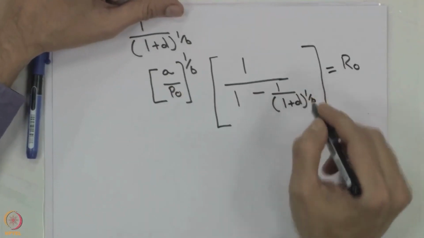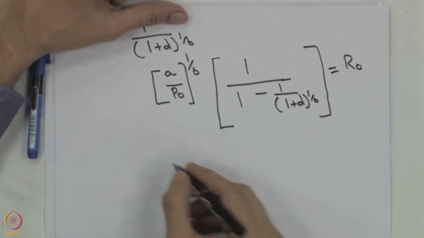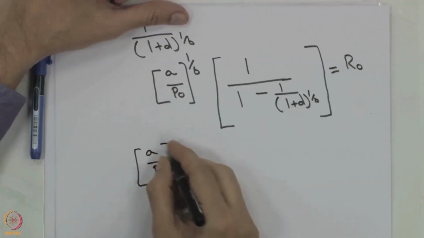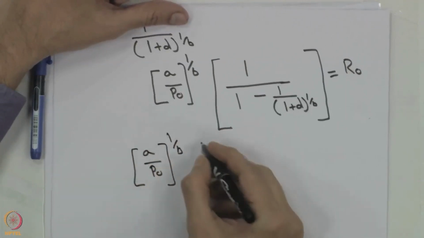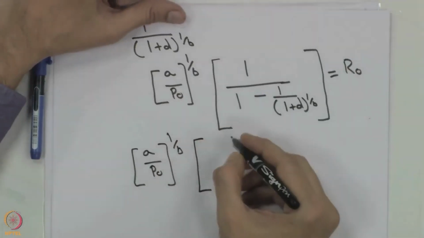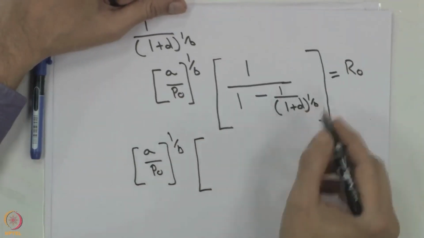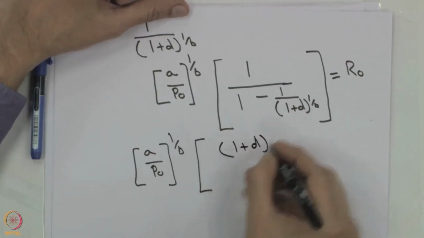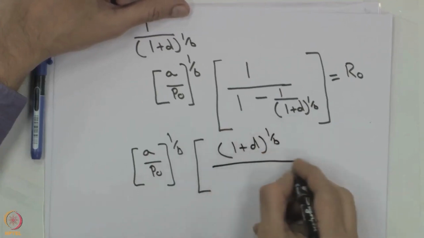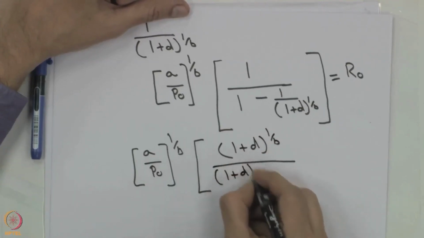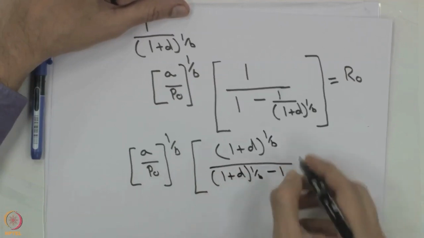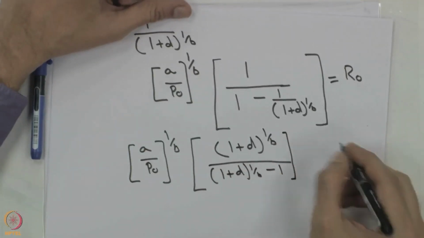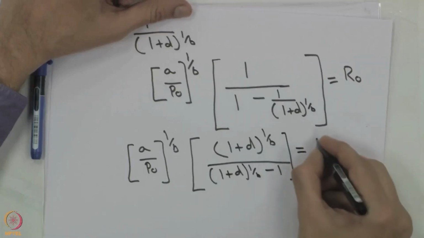So, what this would mean is that we can take A by p0 raised to 1 by B, and multiply by (1 plus d) raised to 1 by B, divided by (1 plus d) raised to 1 by B minus 1, equal to R0.